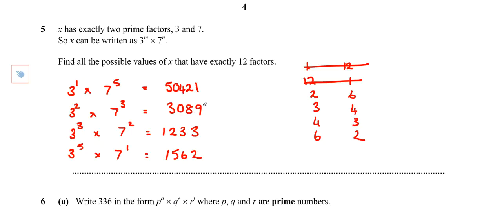So this one, for instance, we know should be 3 times 7 to the 5, which is 50421? Sorry, this one should be 308. This one, 1, 3, 2, 3. 1701. Okay.